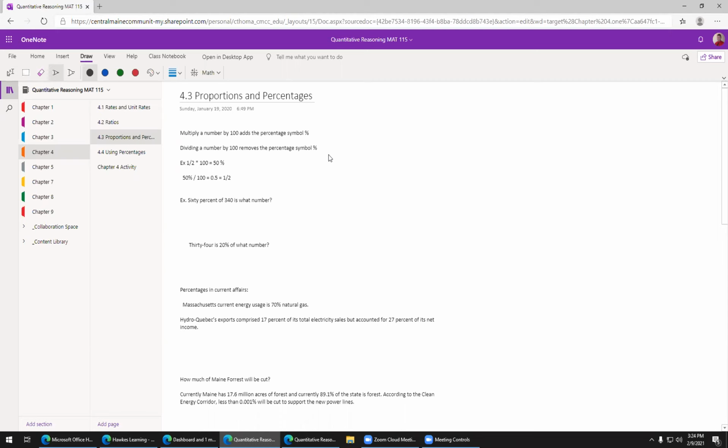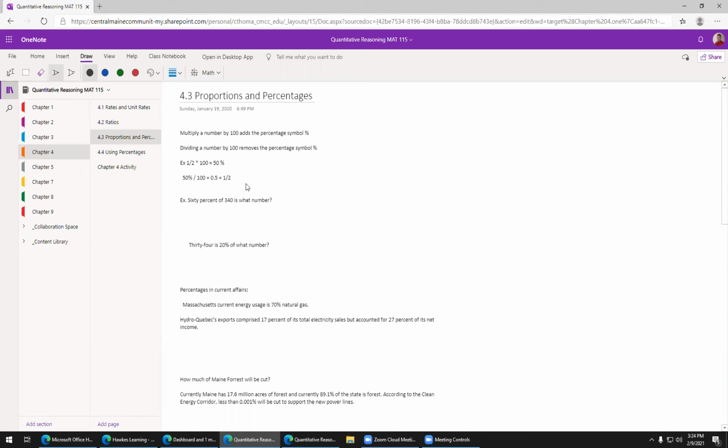So that is the math reason why you can do it. For example, 1/2 times 100 gives me 50%. Or if I take 50% and divide it by 100, I get 0.5, which is 1/2. So knowing how to move and add and remove the decimal is key.